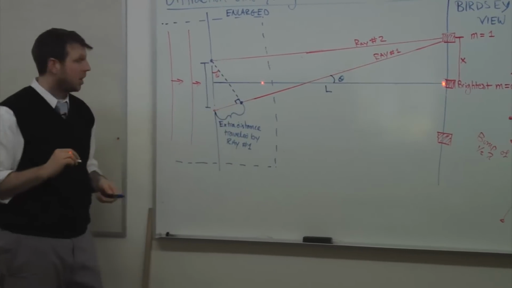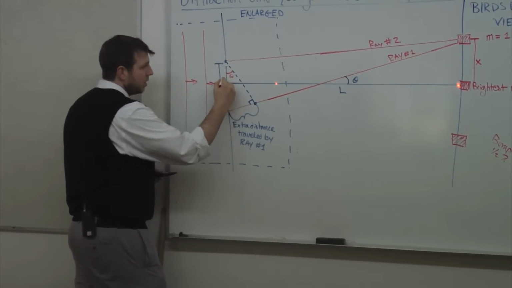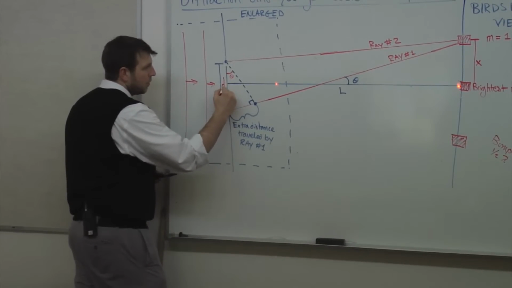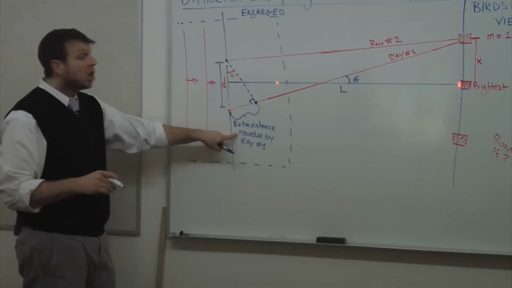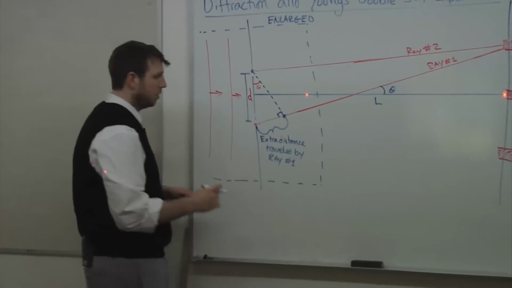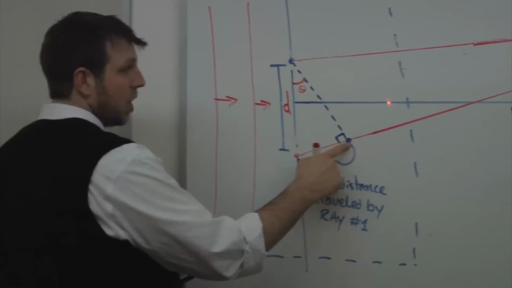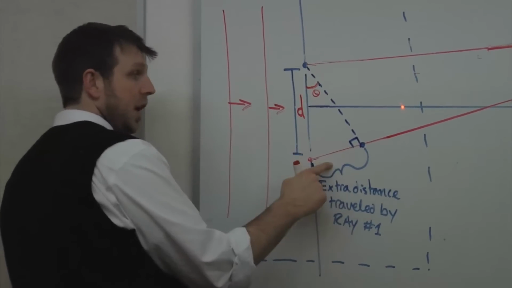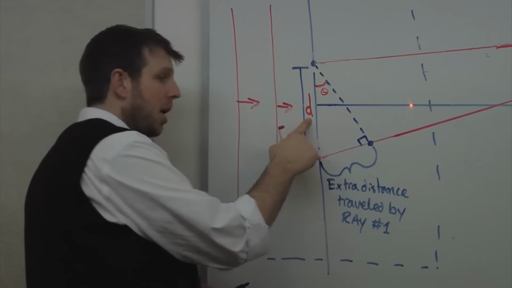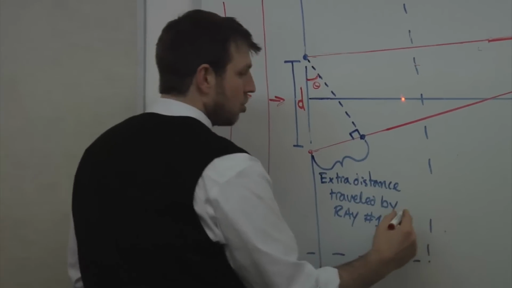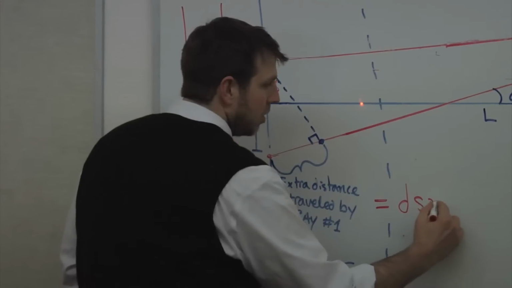So that should also be theta. And if I could measure this distance, I'll call this d, between the slits, even though they're very, very small, I would know that this extra distance covered by ray number 1 would be the opposite side of our triangle. Here's our angle. This is the opposite side. This is opposite the 90-degree angle, so I know d would be the hypotenuse. I know the extra distance traveled by ray number 1 would actually equal d times the sine of theta.